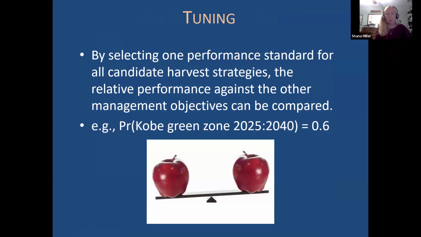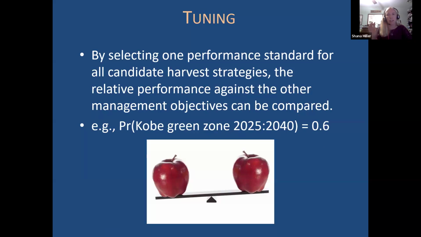I'm going to, in the interest of time, skip over some of this, but for tuning, you will hear that term used. This is a way to choose a common performance standard that all fisheries, all harvest strategies must meet. For example, a 60% probability of being in that Kobe green zone where you want to be.